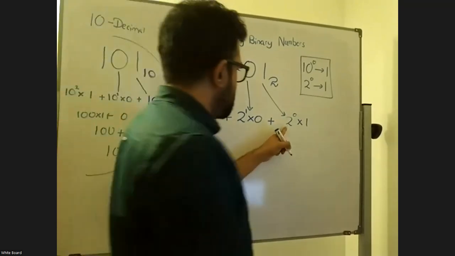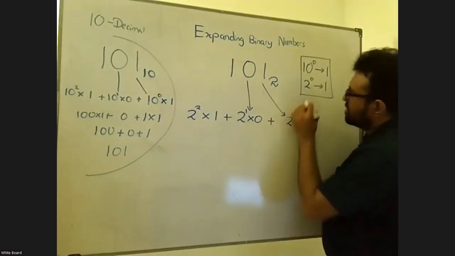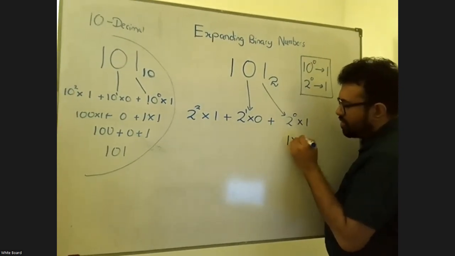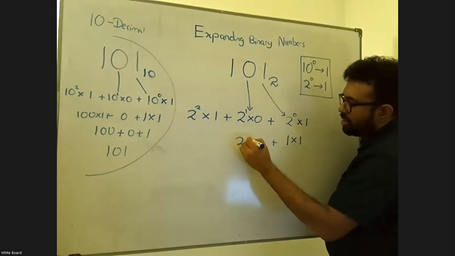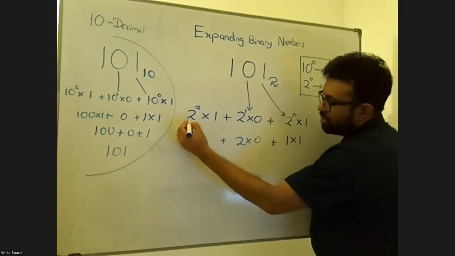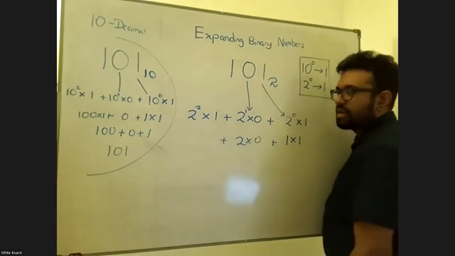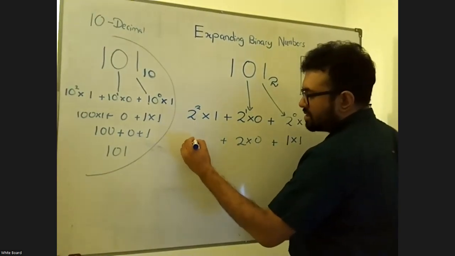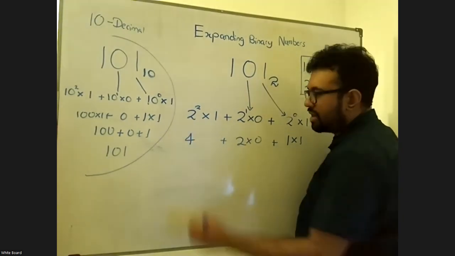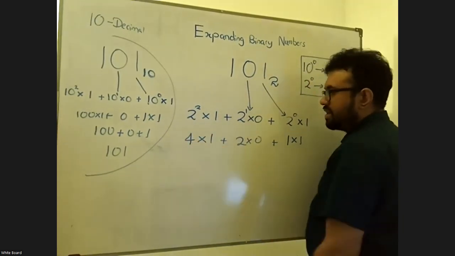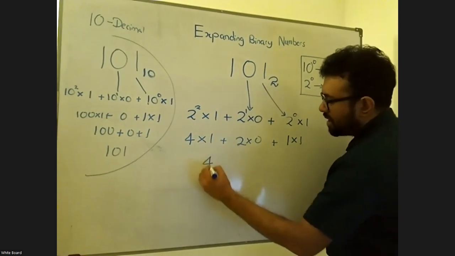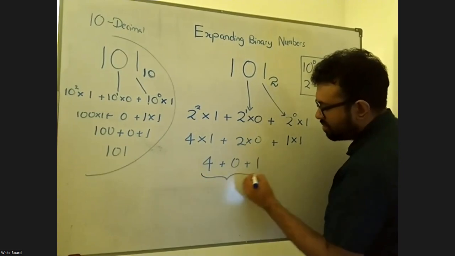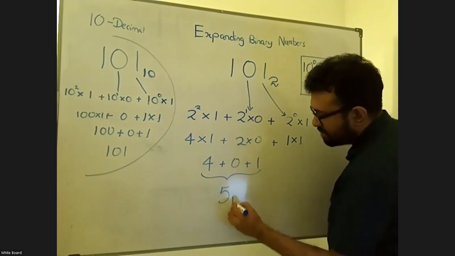So this is going to be 1 into 1 plus 2 into 0 plus 2 to the power 2, which is 2 into 2, that means 4. So it's going to be 4 plus 0 plus 1, and altogether it's going to be 5. And it is base 10.